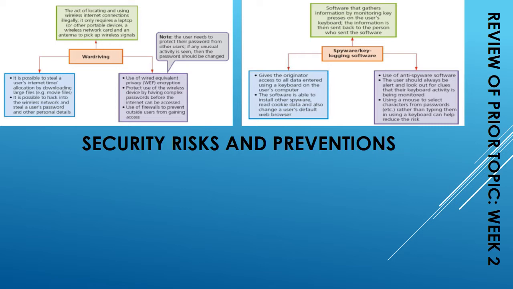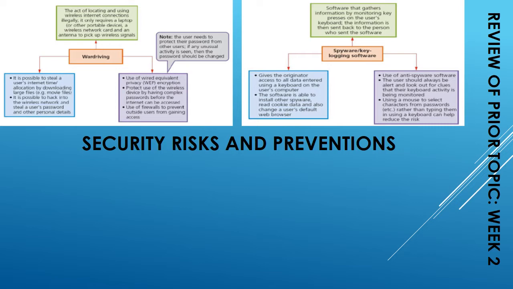Spyware or key logging software. This software gathers information by monitoring key presses on the user's keyboard. The information is then sent back to the person who sent the software.